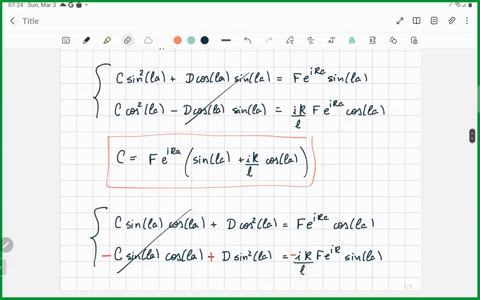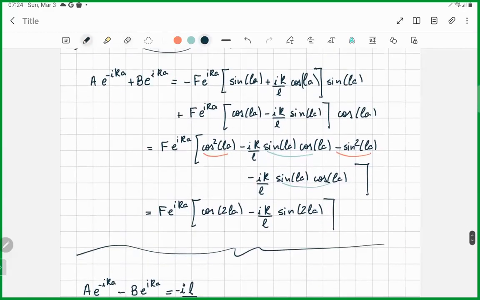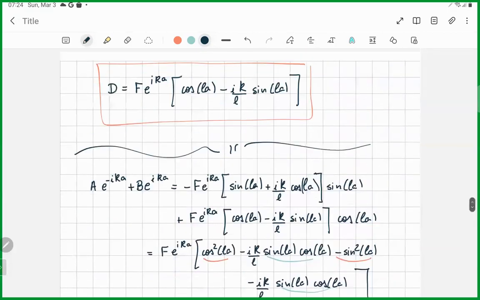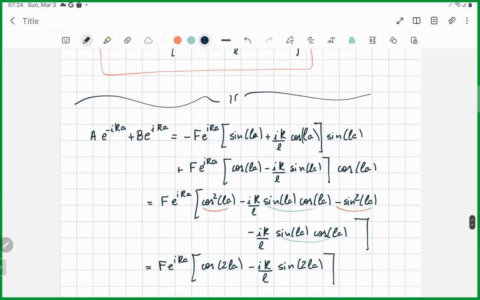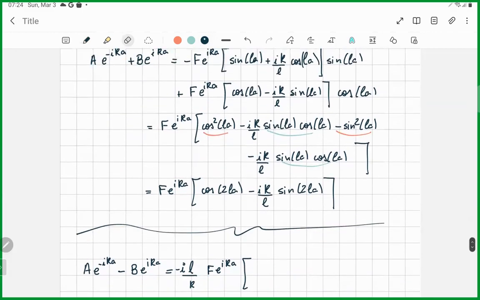So let's go again, patience with this. And then we go. F, ik, ikA, and then we have the first term is C, and C is this guy. So then we have sine of LA plus ik over L cosine of LA, good.